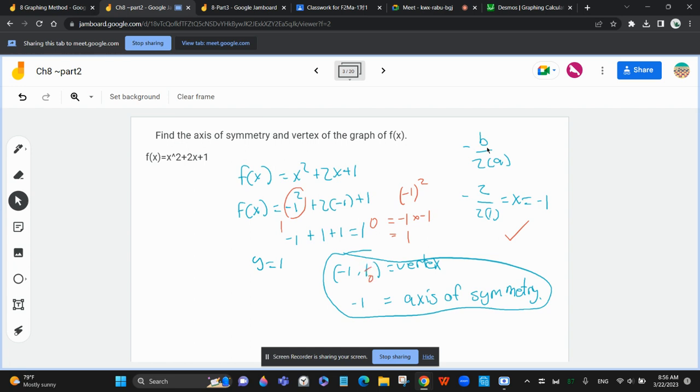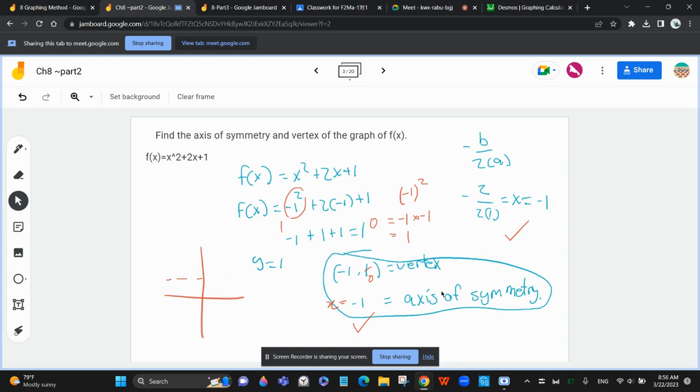Yeah, the axis of symmetry is minus 1. I mean, the axis of symmetry should be x equals to... because if you say negative 1, we will not know whether it is y equals to negative 1 or x.